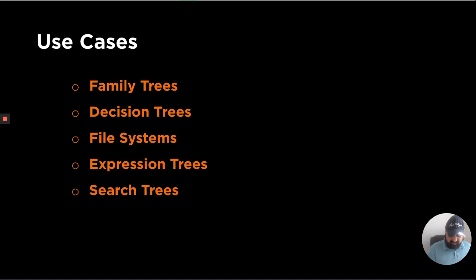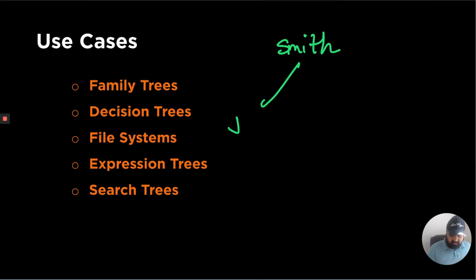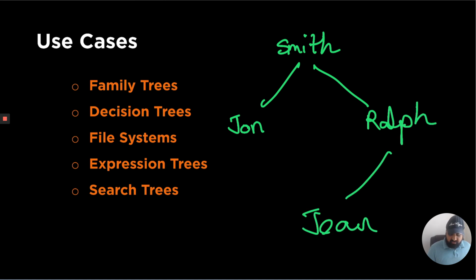Let's say you have some surname like Smith, and other names like John, Ralph, Jane, and so on. This is an example of a family tree where Ralph is the parent of Jane and Smith is the parent of Ralph, and so on.